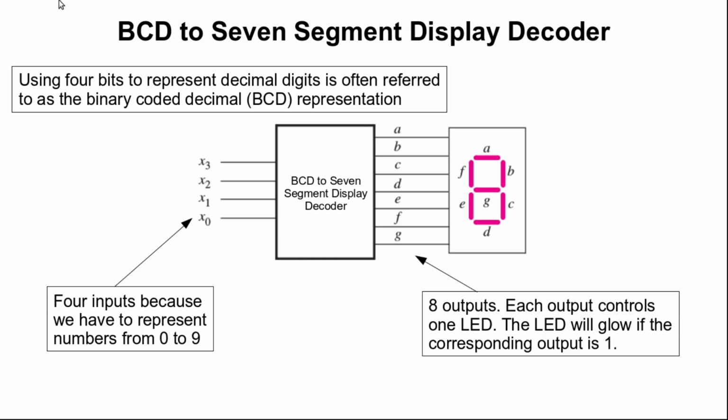But what it means is that when we use 4 bits to represent decimal digits, that representation is called BCD representation. So 0 will be represented with 4 bits 0 0 0 0. 1 will be represented as 0 0 0 1. 9 will be represented as 1 0 0 1, and so on.